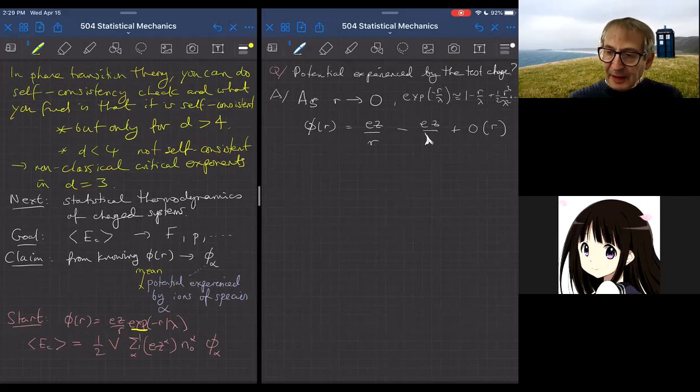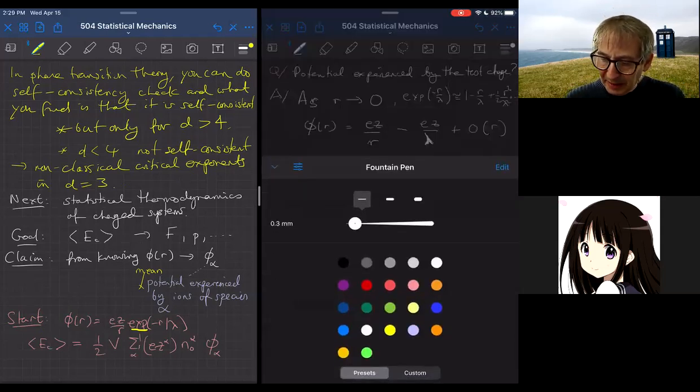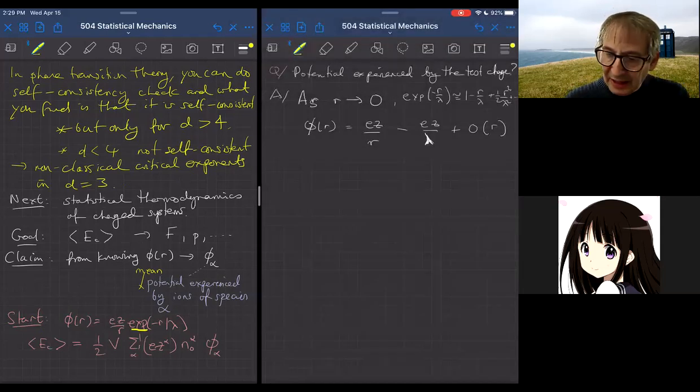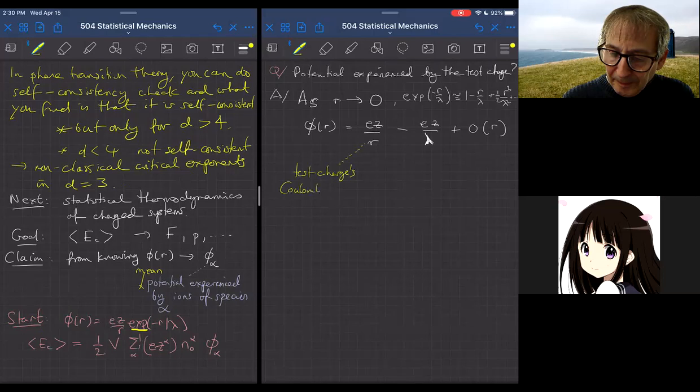So let's have a look at what those two terms mean. This is the test charge Coulomb potential, and that comes from the test charge itself.